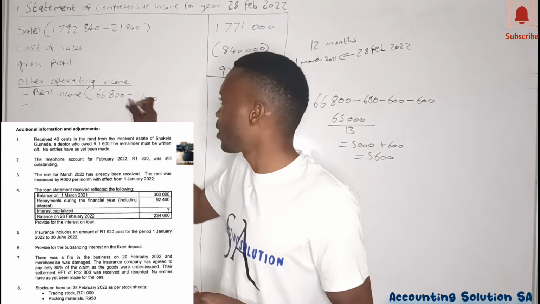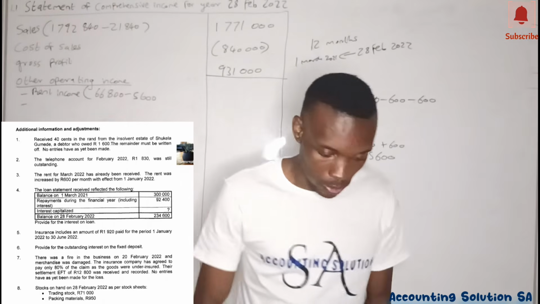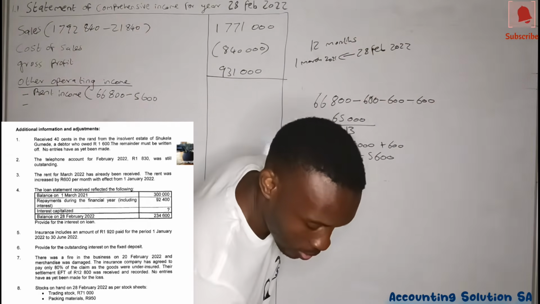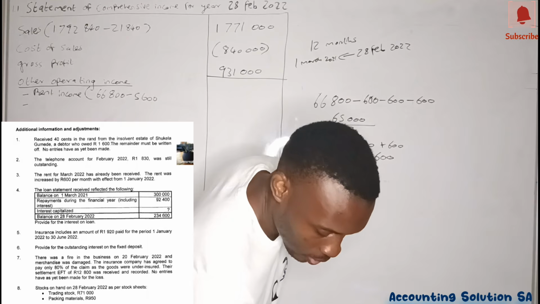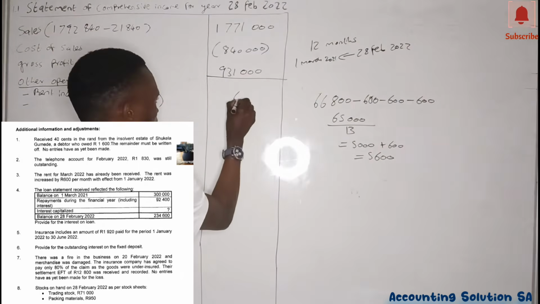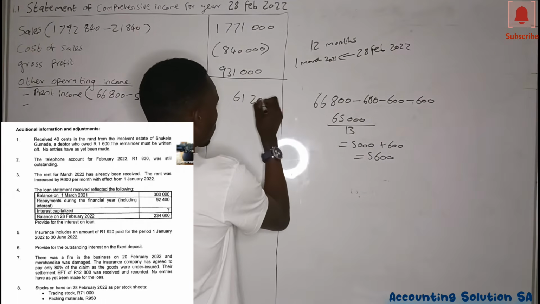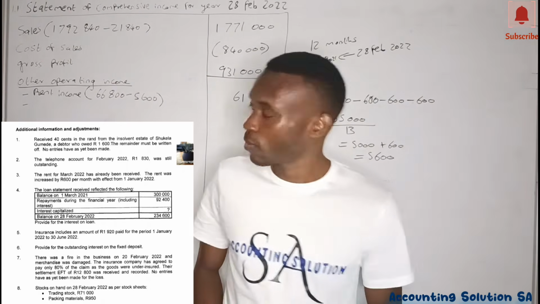Let me write it clearly. Now let's calculate: 66,800 minus 5,600 gives us 61,200. Simple as that.